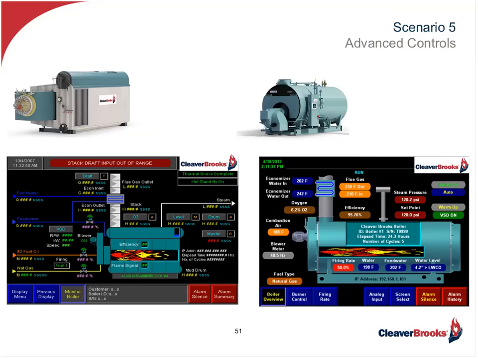We've got to keep them aware of what's going on in that boiler room. So now with things like touch screens, we can take a look at what's going on with that boiler, what the operating parameters are, what the set points are, what the alarms are, what the alarm history is, and be able to communicate that not just within that building, but from, let's say, the boiler room to the boardroom, or across the country.